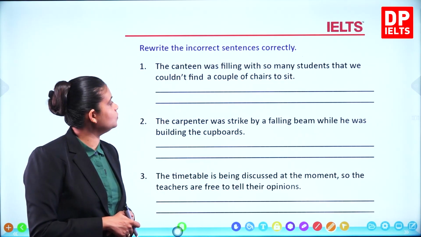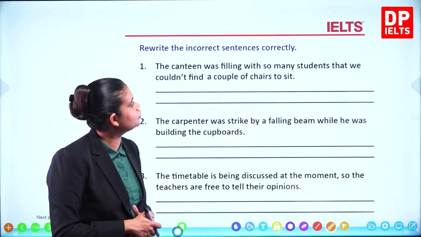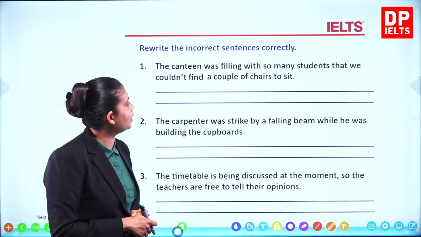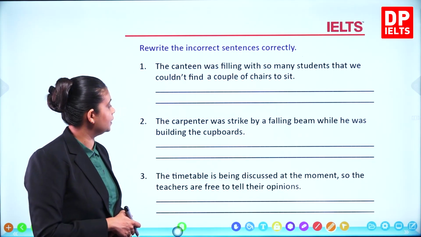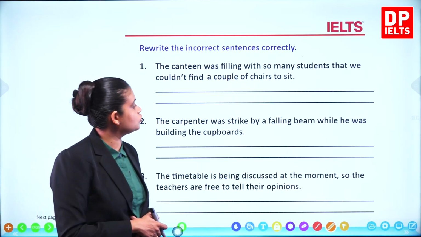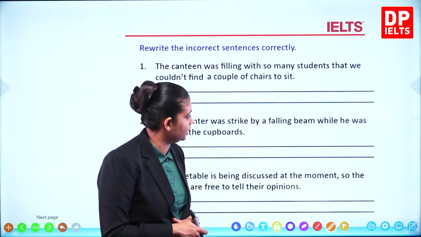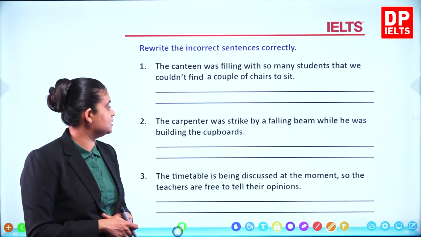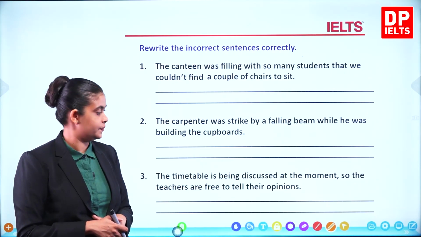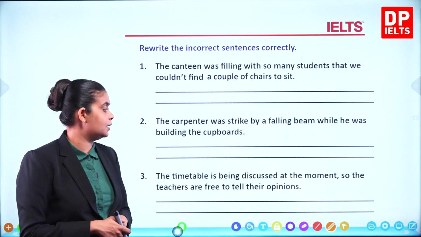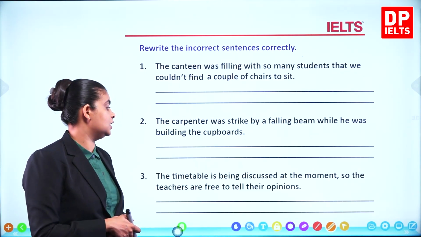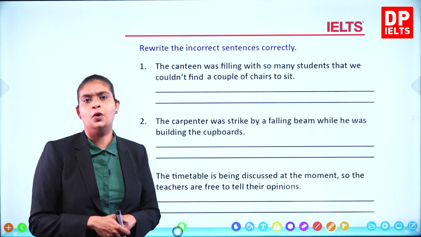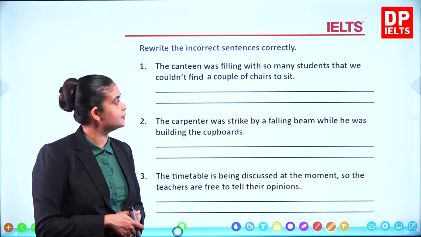The canteen was filling with so many students that we couldn't find a couple of chairs to sit. The carpenter was struck by a falling beam while he was building the cupboards. The timetable is being discussed at the moment, so the teachers are free to tell their opinions, right?